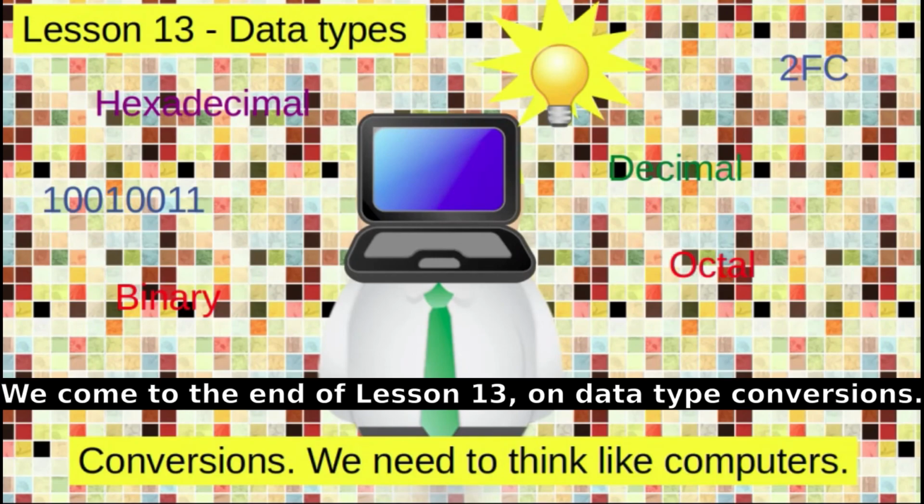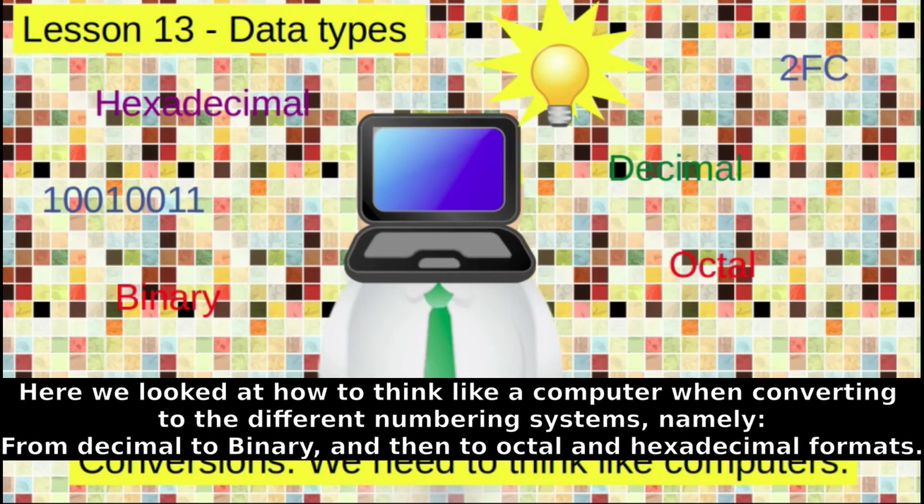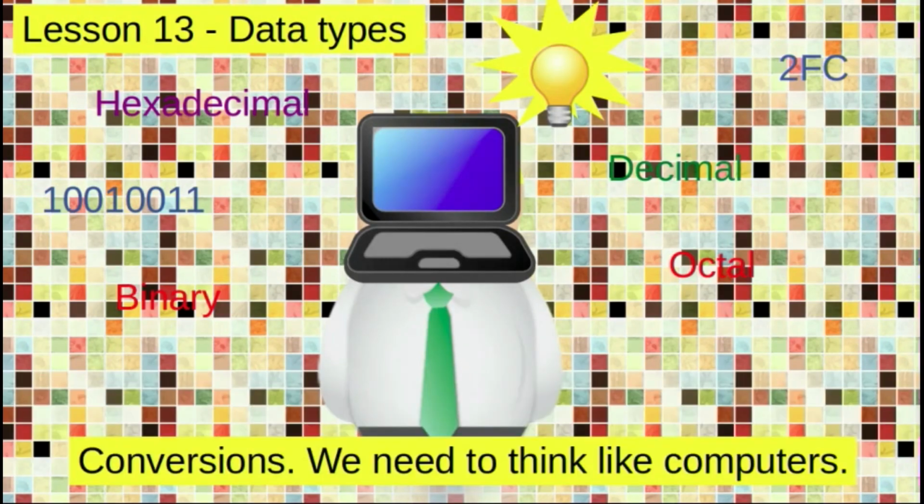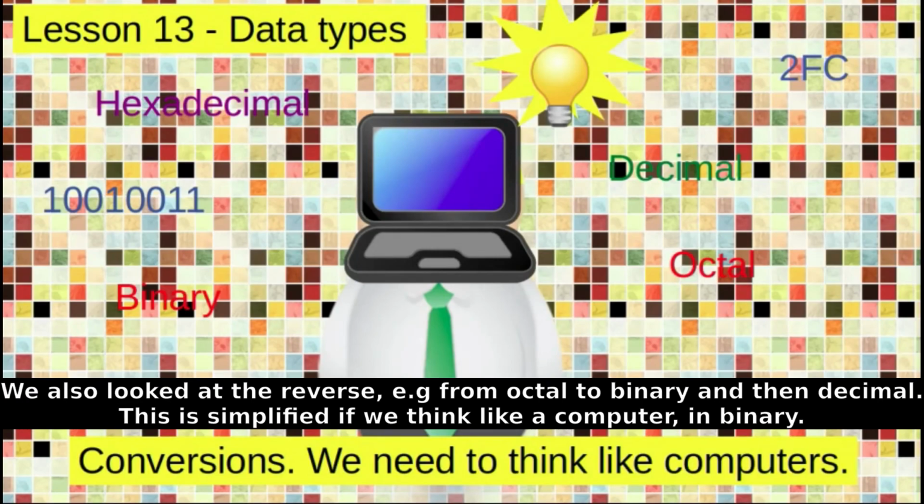We've come to the end of lesson 13 on data type conversions. We looked at how to think like a computer when converting from the different numbering systems, namely from the decimal to the binary and then to the octal and the hexadecimal formats. We also looked at the reverse, in other words, from octal to binary and then the decimal.